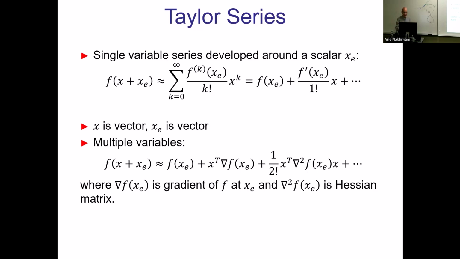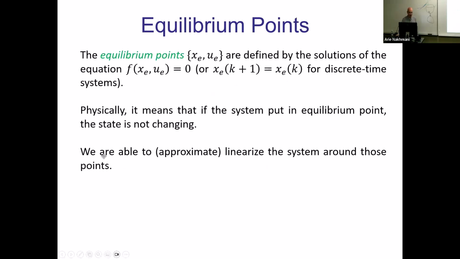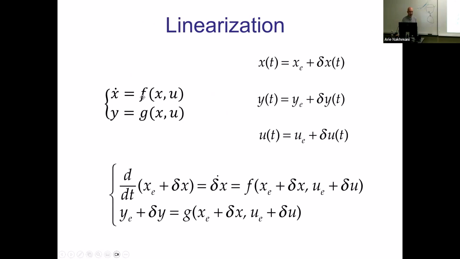More than that, you can write that same thing for multiple functions as a system of Taylor approximations, which means, pay attention, that in our definition here, f is like f1, f2, f3, depending on the number of equations that you have. So for each x you have x1 dot, x2 dot, x3 dot. For each one of them, you have f1, f2, f3. You have multiple f functions. It's a vector of functions, right? And this also could be a vector of functions if it is a MIMO system, right?